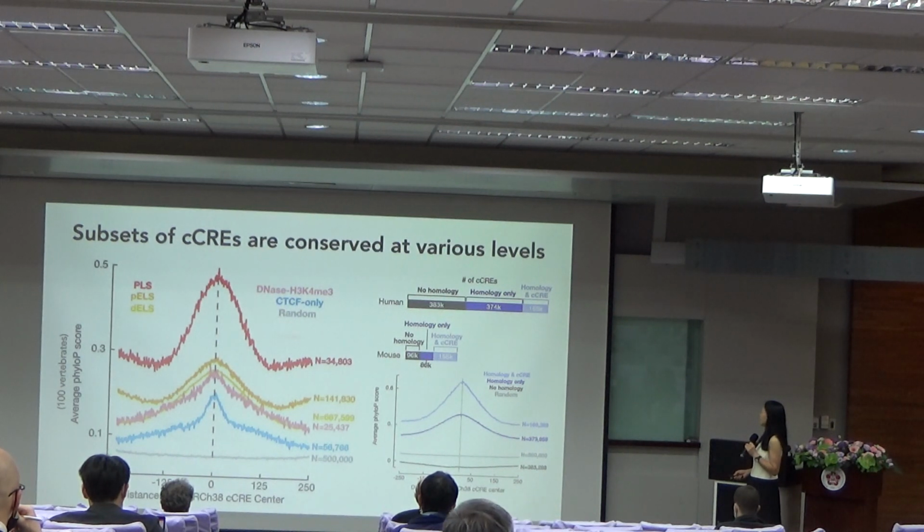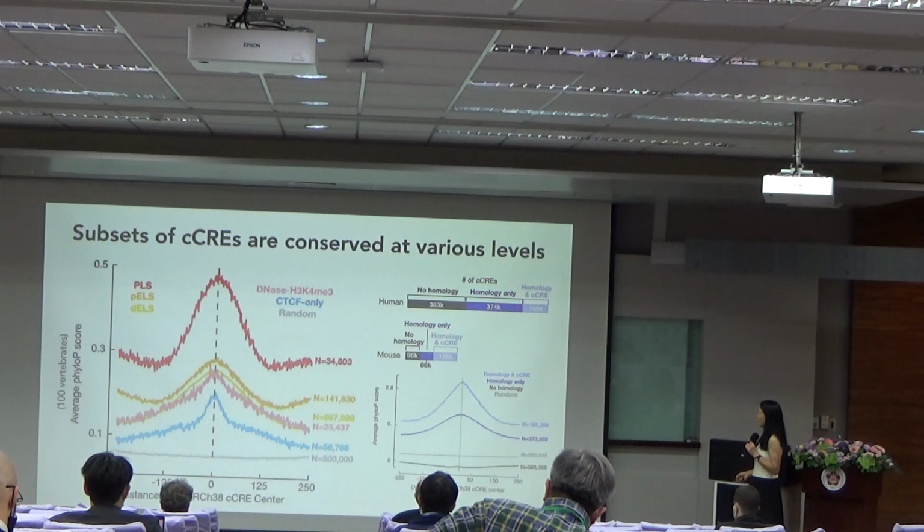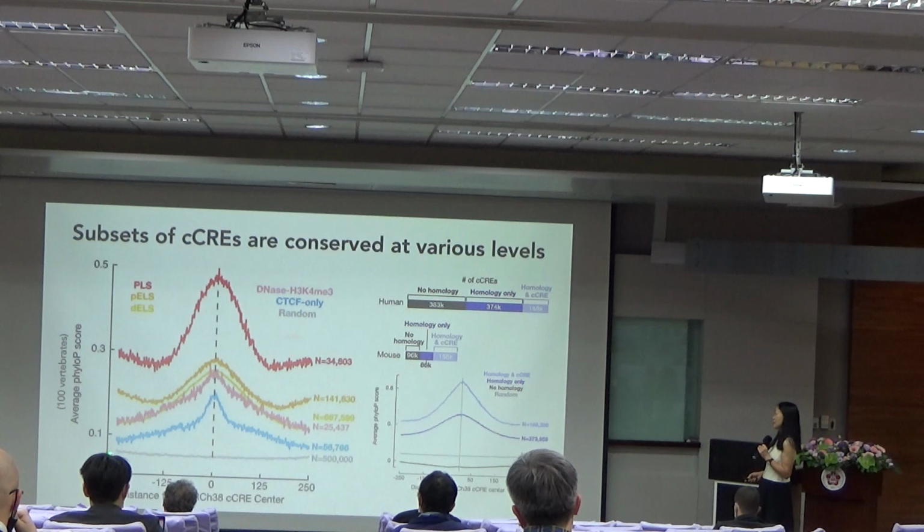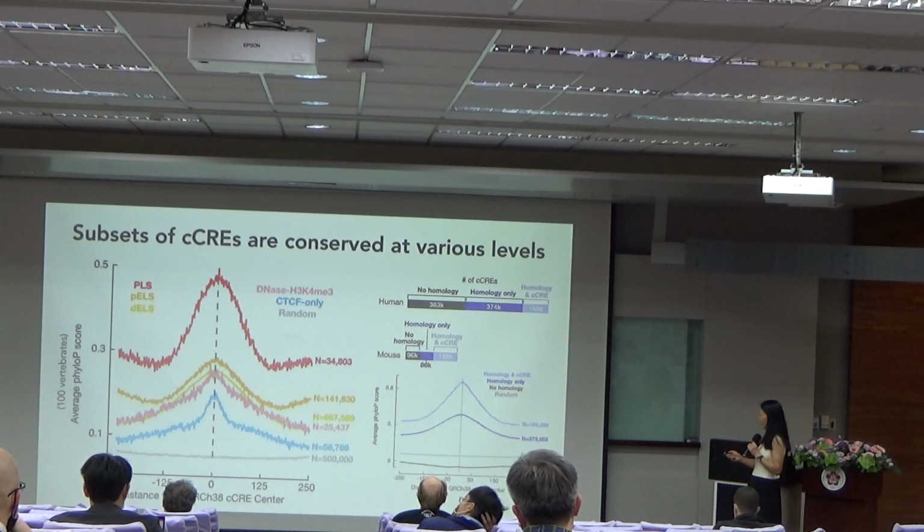are roughly the same. So at that time, it was quite intriguing that even though on average cCREs are evolutionarily more conserved than randomly chosen genomic regions, as indicated by this gray line, there were quite a few cis-regulatory elements that were not conserved.